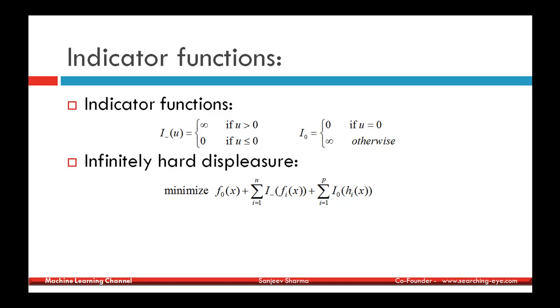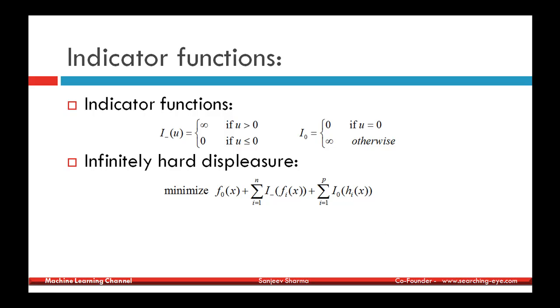To solve this primal problem, the variable x needs to satisfy these constraints, because if x doesn't satisfy these constraints, then the problem is insolvable, and therefore we can represent the primal form using the indicator functions instead of Lagrange multipliers. So this problem is the same as minimizing f naught of x plus the sum over all i from 1 to n of I negative of f i of x, whose value is infinite if f i violates the constraint, and I naught of h i, whose value is infinite if h i violates the constraint.